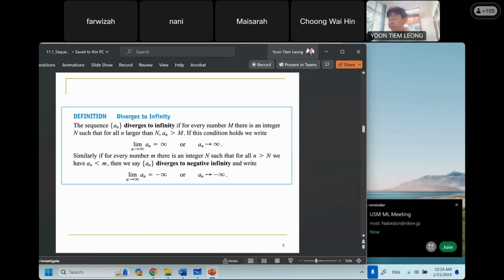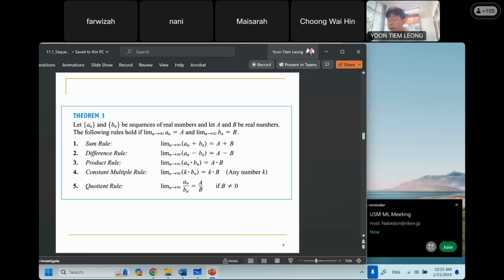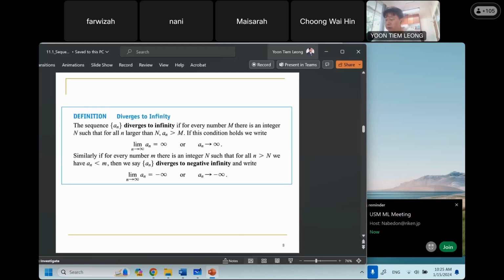Likewise, you also have the definition for the divergence of a sequence. A sequence is said to diverge to infinity if this definition occurs.